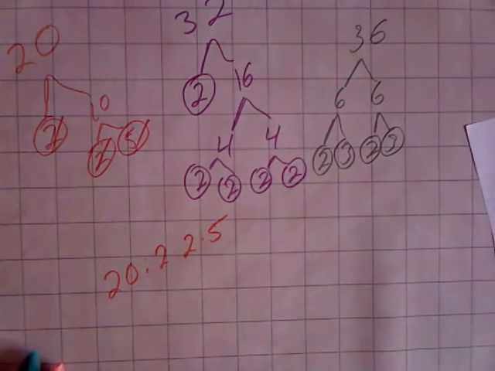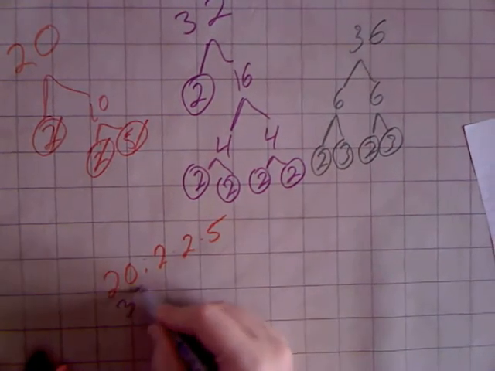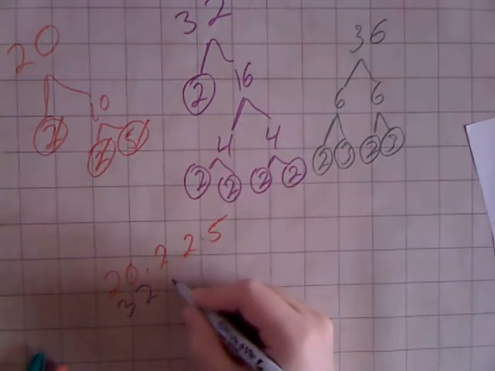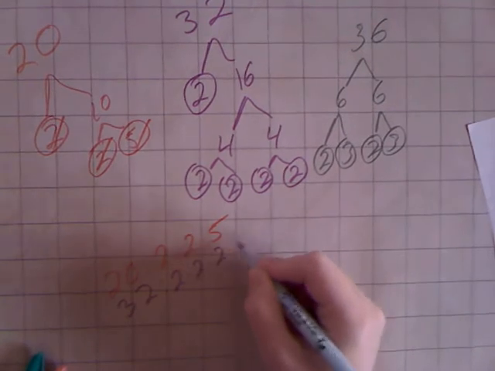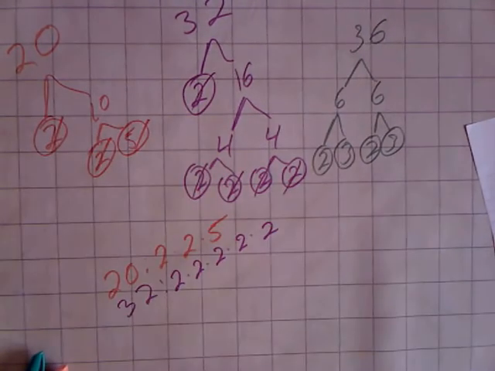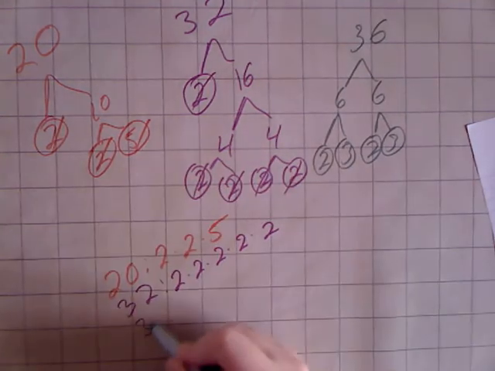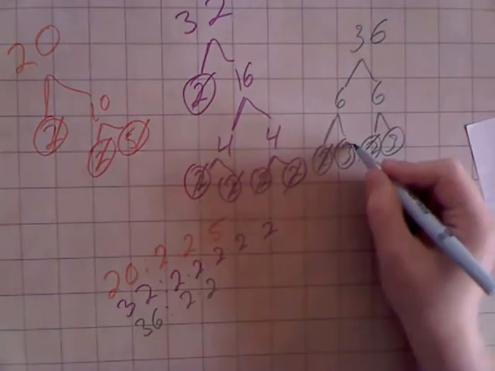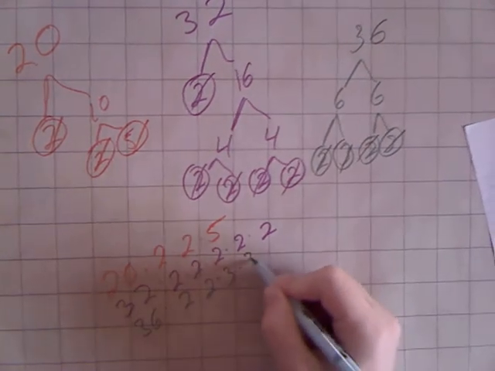For 32, 2 times 2 times 2 times 2 times 2. And then for our 36, we have 2 2s and 2 3s.